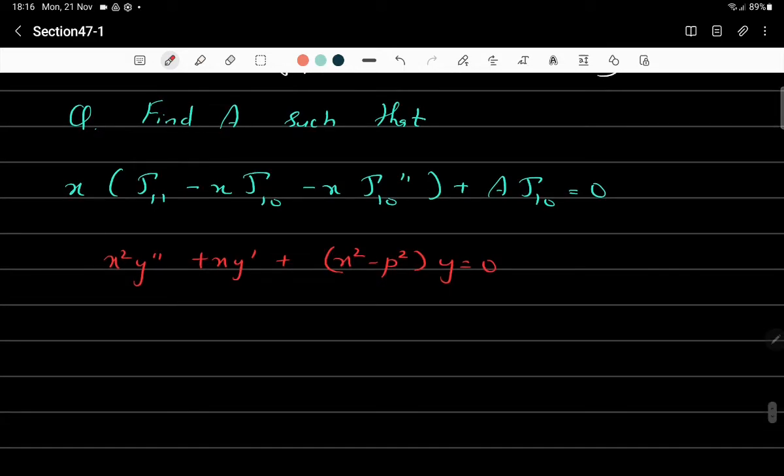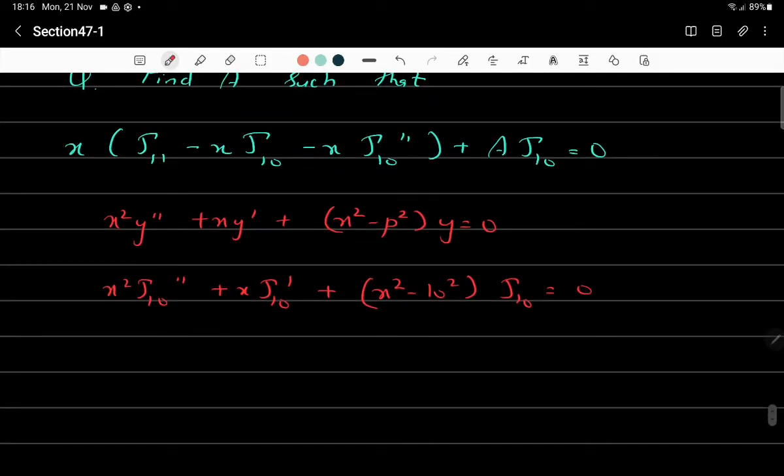If I put y is equal to J10, then x square J10 double dash plus x J10 dash plus (x square minus 10 square) J10 is equal to 0. So if I simplify it, then x square J10 double dash is in the question, and x square J10 is also in the question, which is 100 J10 minus x J10 dash.